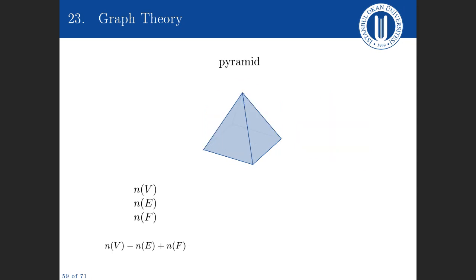A pyramid. A pyramid has 5 vertices. It has 8 edges, count them, and it has 5 faces. So if we do Euler's formula, 5 minus 8 plus 5, which is 2 again. That's strange. Let's keep going on. Is it always going to be 2?